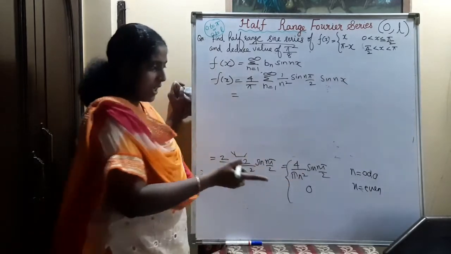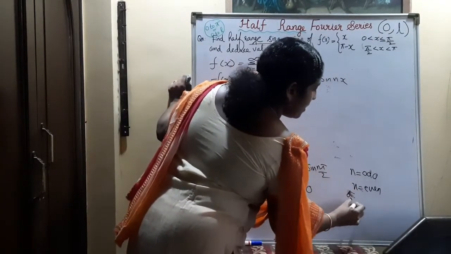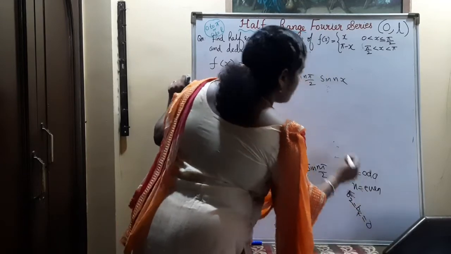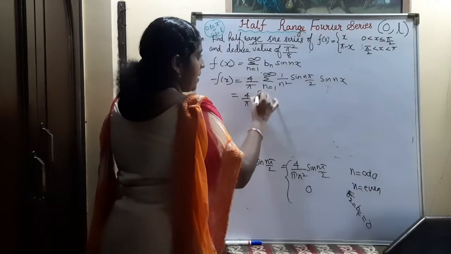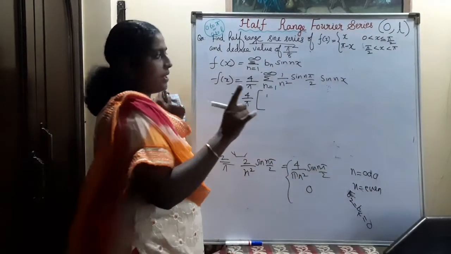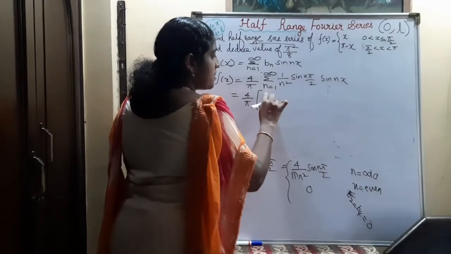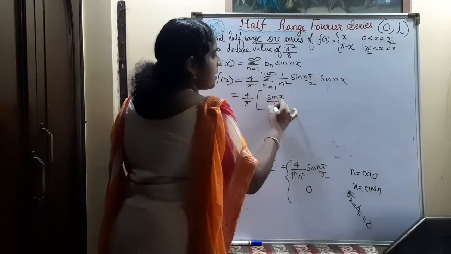For n even, all these become 0, that is b2, b4, b6 all are 0. So we have to consider only odd numbers. So what will be our answer? 4 by pi into sine pi by 2, which becomes plus 1, and sine nx is sine x by 1 square.